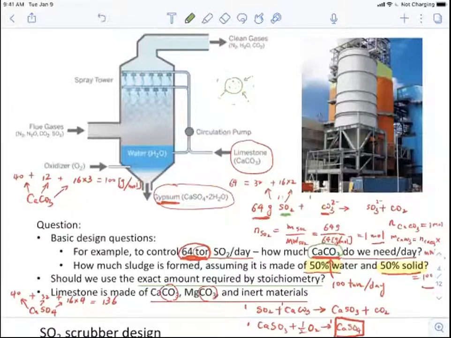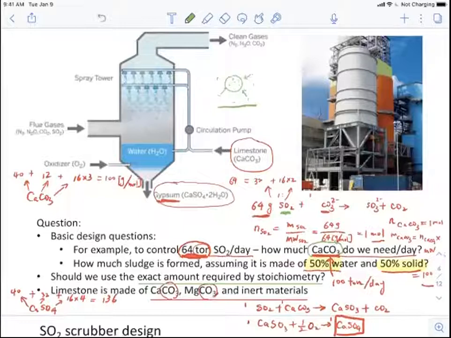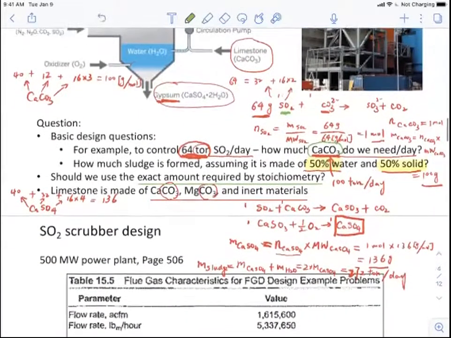And even if we do that, we probably still cannot remove all of the sulfur dioxide because this reaction is very difficult to happen. So we could set up a standard. Let's say that our goal is to remove 90% of the sulfur dioxide. At the same time, we have to provide more limestone to neutralize that 90% of the sulfur dioxide. Okay, so we're going to deal with this more sophisticated design problem with the next question here.